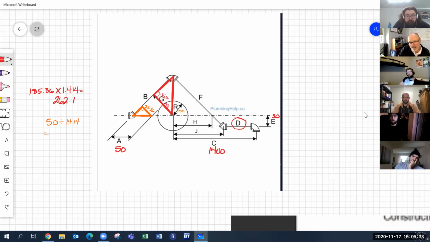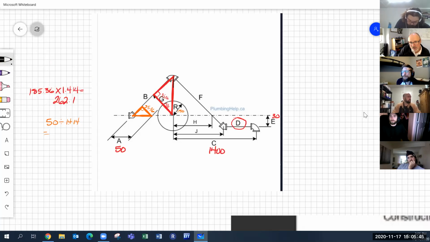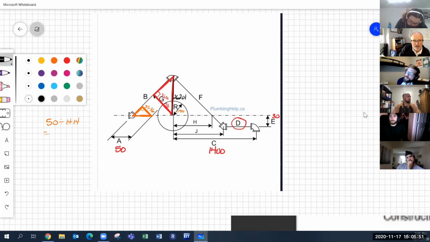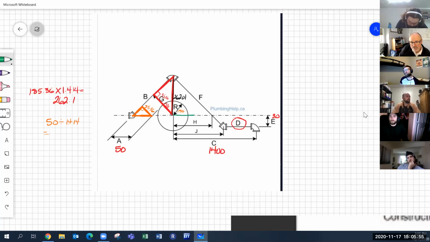So that's this line right in this location here, gentlemen. Now that that is 262.01, I'm going to just write that in a black pen. So this line right here, we determined to be 262.01. Well, now that I know what that is, here is another right angle triangle.